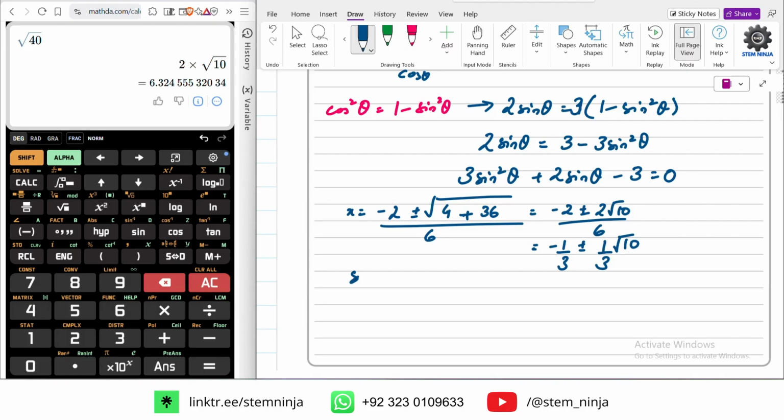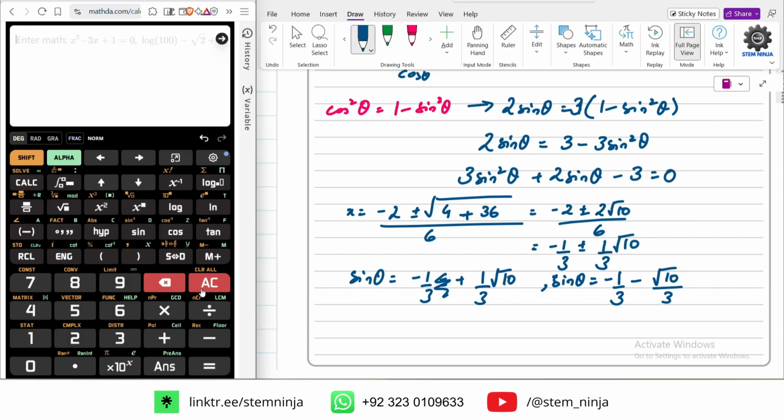So basically sine theta is minus 1 over 3 plus minus, either it is plus root 10 over 3, or another possible answer is minus 1 over 3 minus root 10 over 3. Okay, so let's see which one of them is possible.